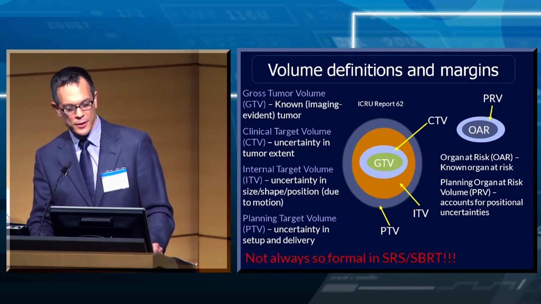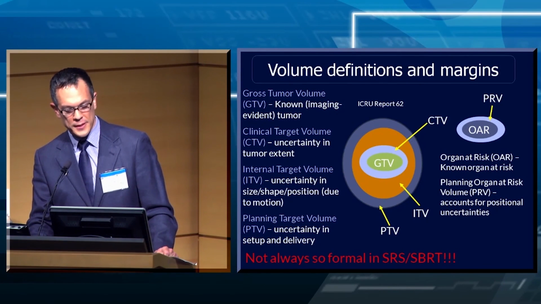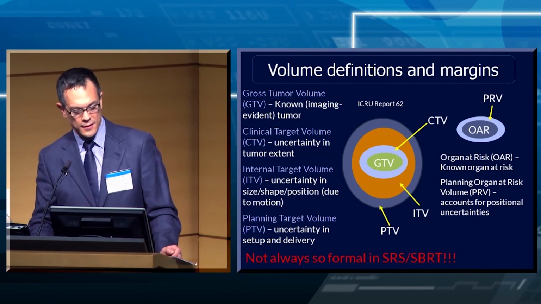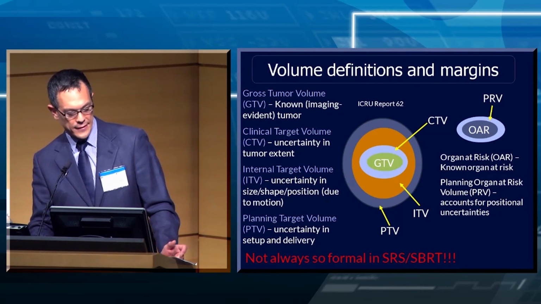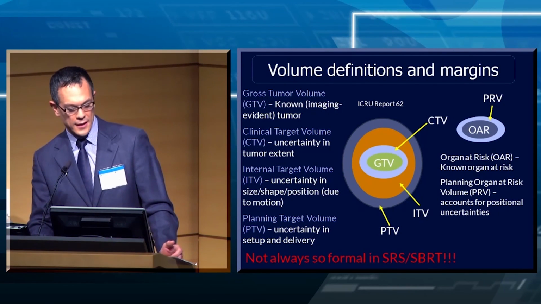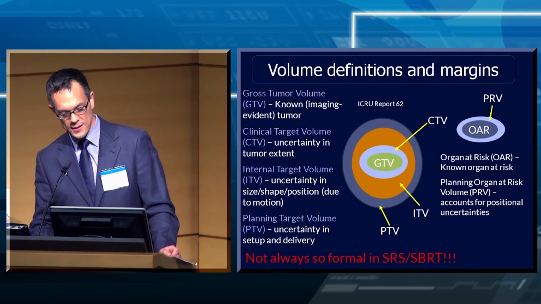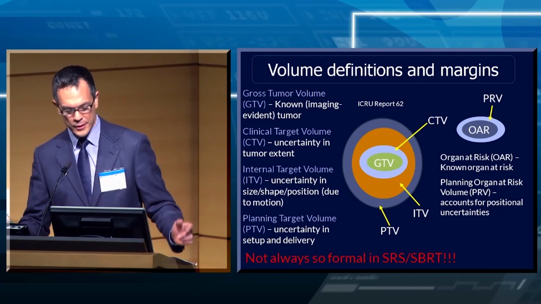So the gross tumor volume is the known imaging-evident tumor, the clinical target volume expands that to account for uncertainty in tumor extent. There's something called an ITV that accounts for motion, and then there's a PTV which accounts for setup and delivery, and all of these are expansions. So you have a GTV, CTV, PTV, so they get bigger and bigger.